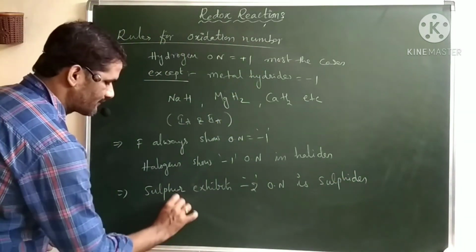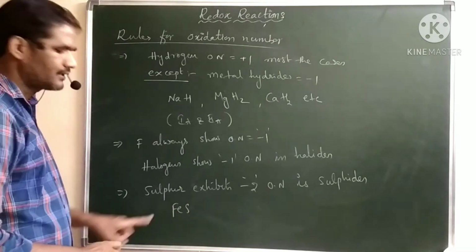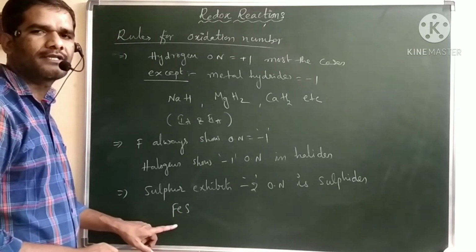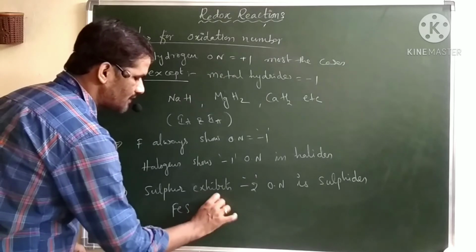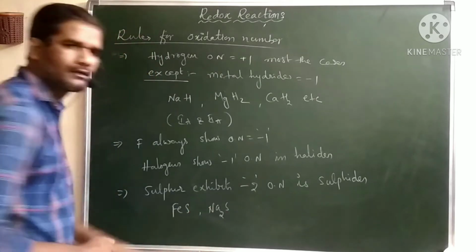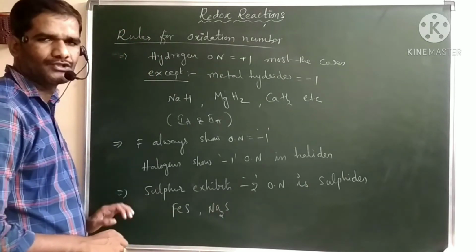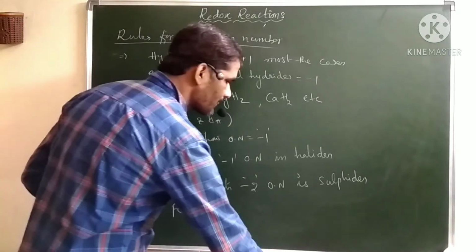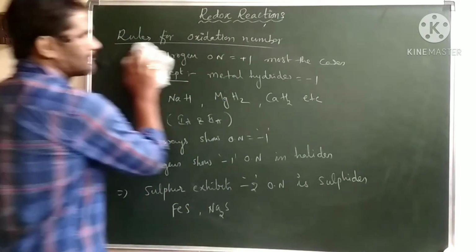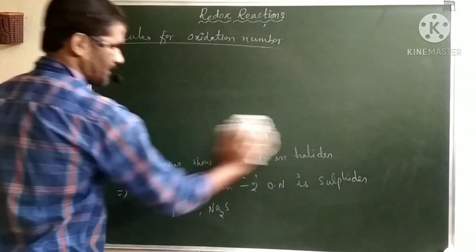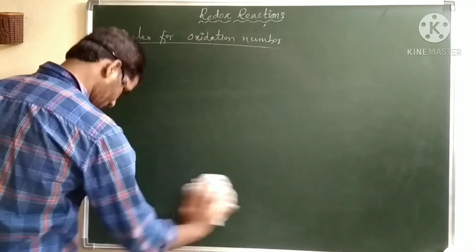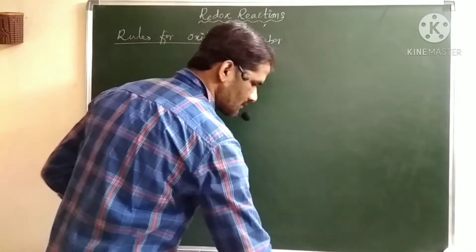Sulfides means if you take iron sulfide, here the oxidation state of sulfur is -2, or sodium sulfide, here also the oxidation state of sulfur is -2.